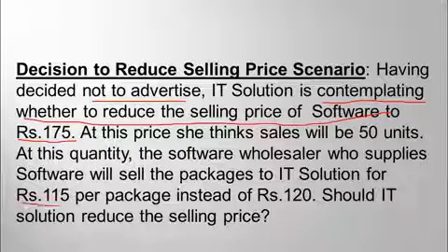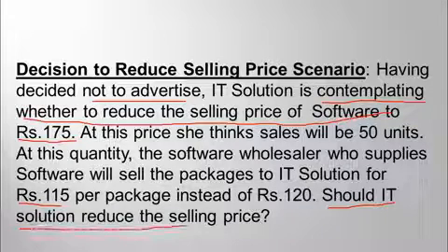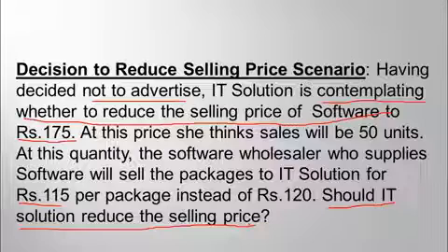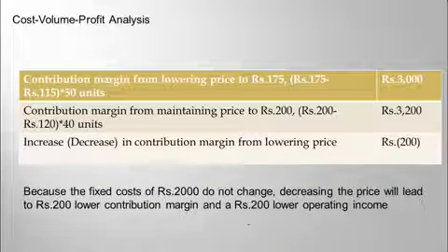As the quantity increases, he has reduced the price from rupees 120 to 115 per package. Now the question is, should the company reduce the selling price or not? First of all, we will see if there is a reduction in the selling price, what is its impact on the profitability.